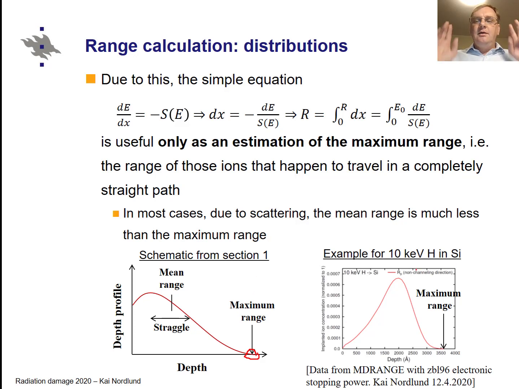This is a real example from one of these simulations, but we know this simulation is fairly accurate. So this illustrates, for instance, for 10 keV hydrogen in silicon, that the most likely range is roughly 2000 angstroms, whereas the maximum is about 3500. So this equation would give the correct maximum range, but would overestimate the mean range by about a factor of 2.